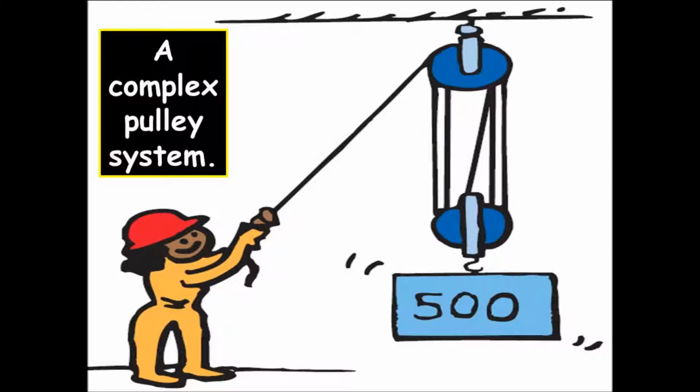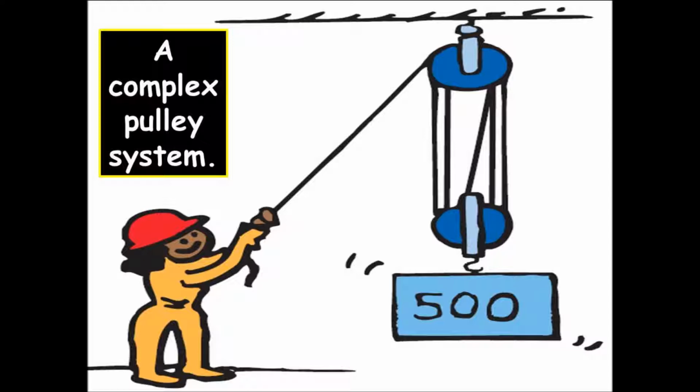The construction worker is lifting 500 newtons, 500 units, and the pulling force is going to be considerably less. Now look at the number of strings. What is the relationship between the number of strings and the distance that it's being pulled?